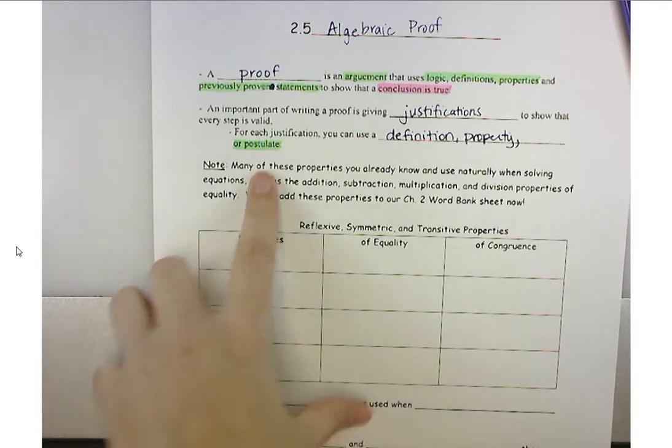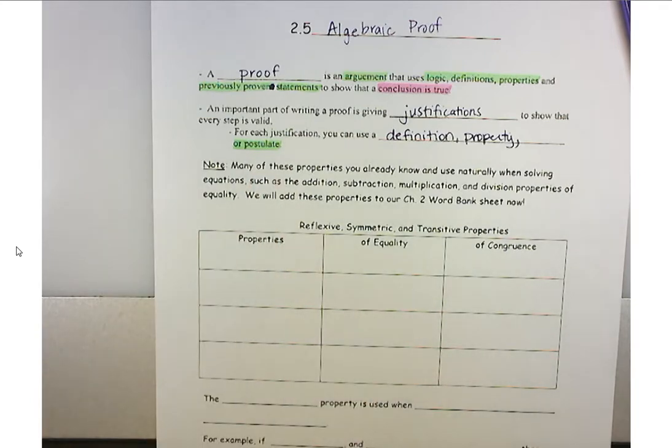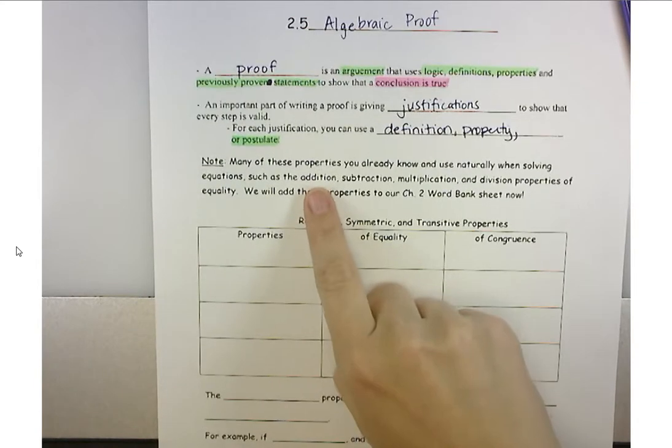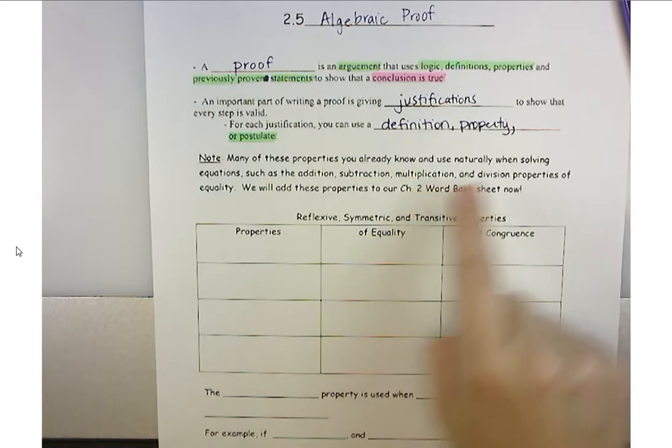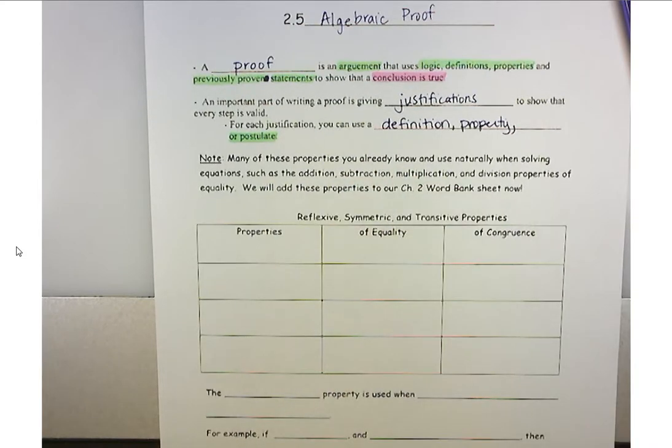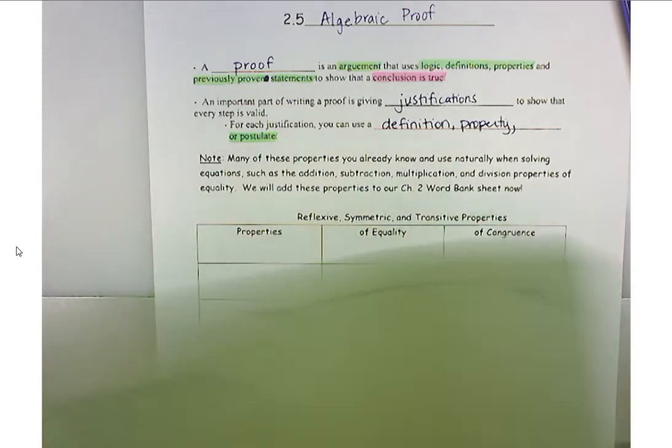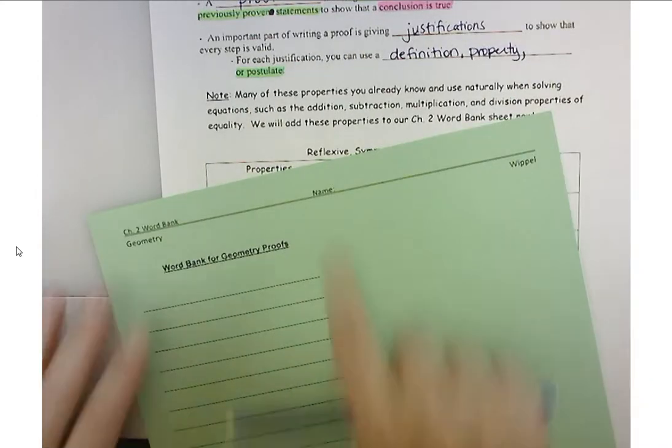Many of these properties you already know and you're going to use naturally when you're solving equations, like what we did earlier with the addition, subtraction, multiplication, and division. We're going to add those to our word bank now. Some of the ones that we've already been working with, we're going to add to our list. So you're going to put your name on it.